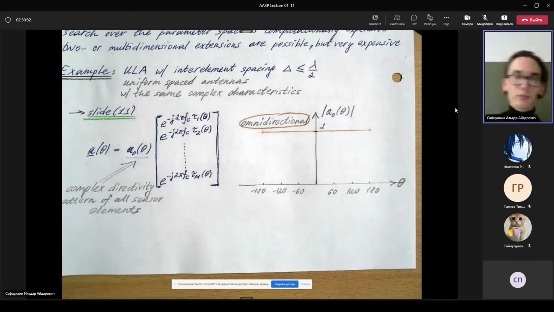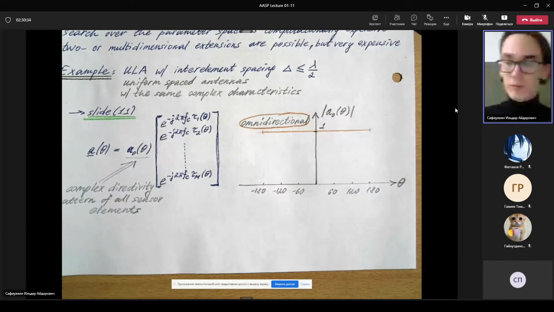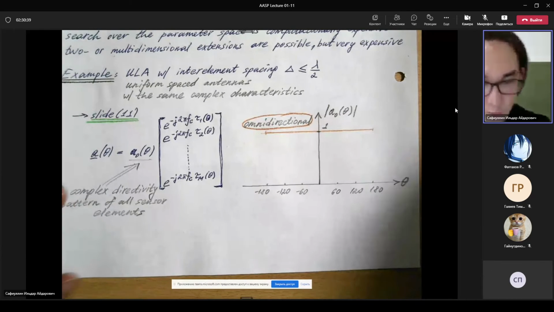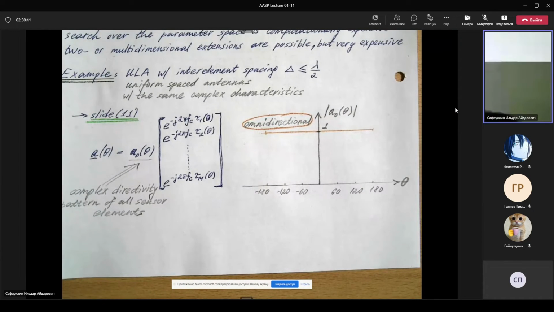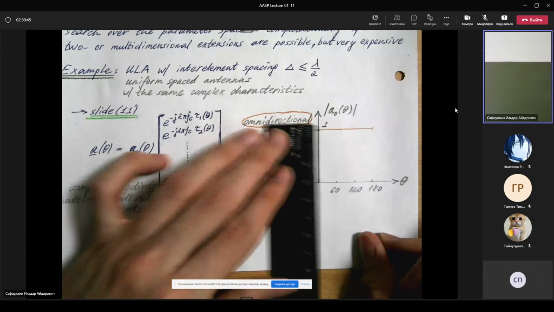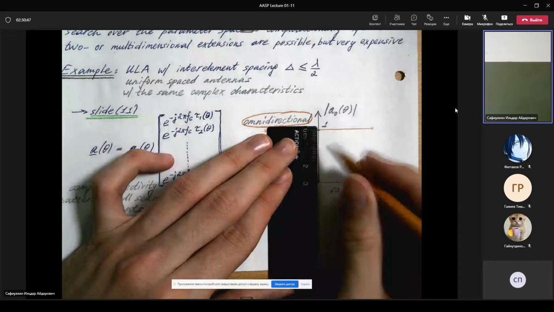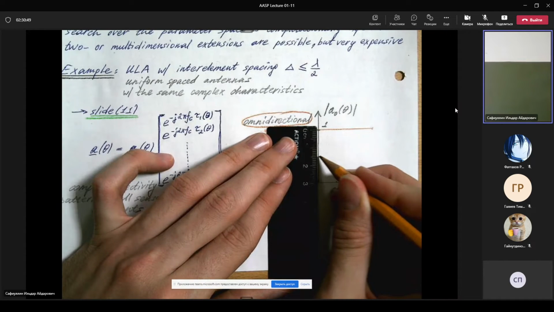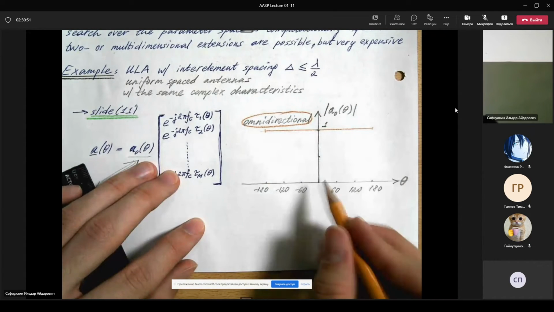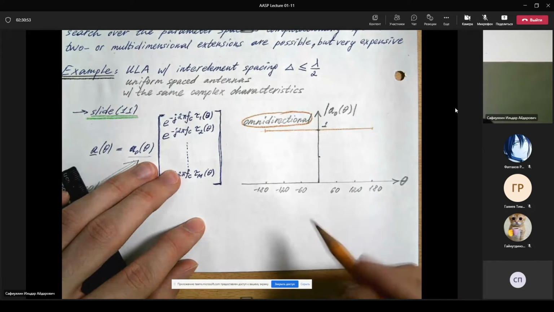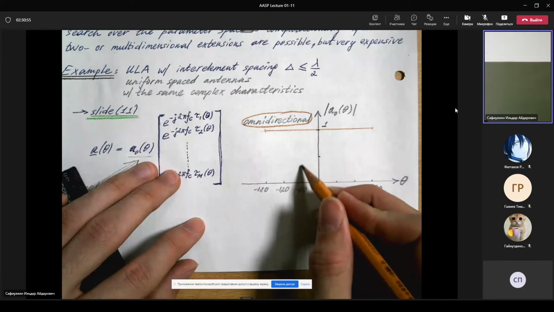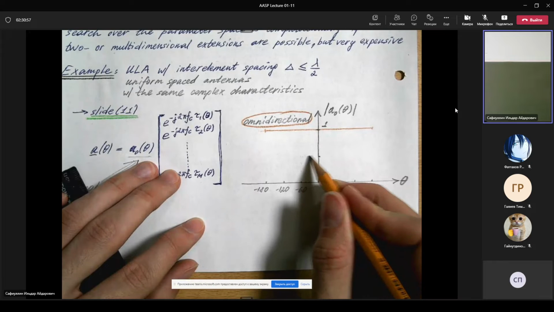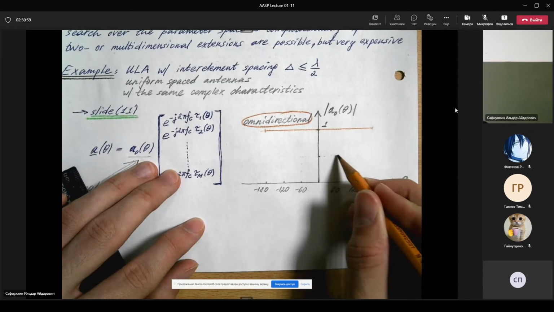And if we assume some arbitrary pattern, let's say it will look like, for example, as follows. So I will indicate here the half, so here and here.